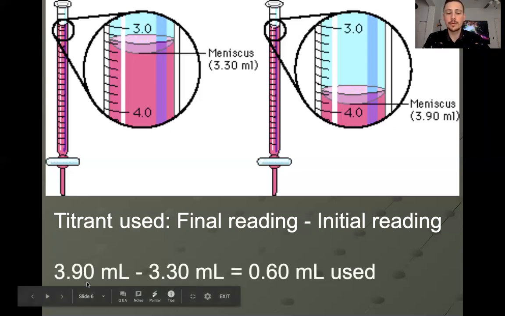So if we do 3.9 minus 3.30, we end up with 0.60 milliliters. And remember, we're subtracting, so the number of decimal places needs to be the same as the least, which is 2 decimal places. So we'd record it as 0.60 mL.